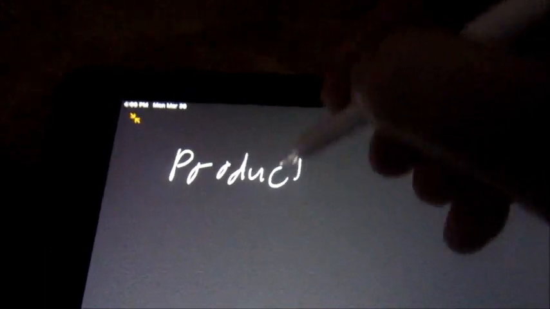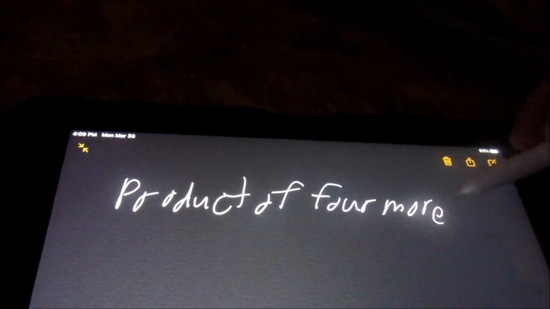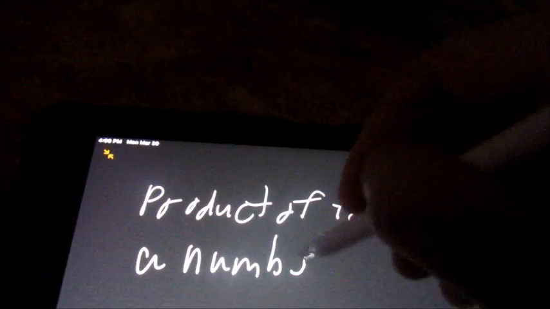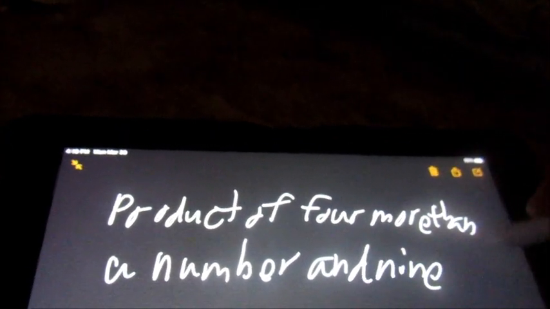Okay, and then let's say we have product of 4 more than a number and 9 is 15.